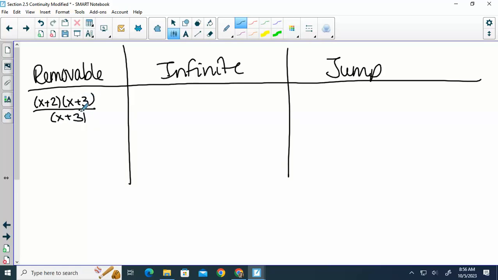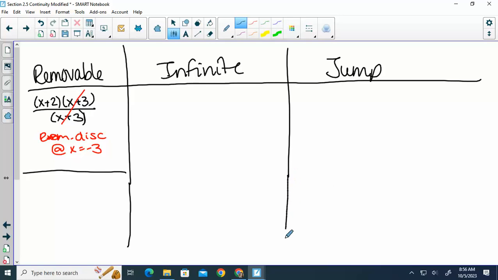When you have a fraction and something cancels, that is a removable discontinuity at x equals -3. So in a fraction, when something cancels, that makes it removable.